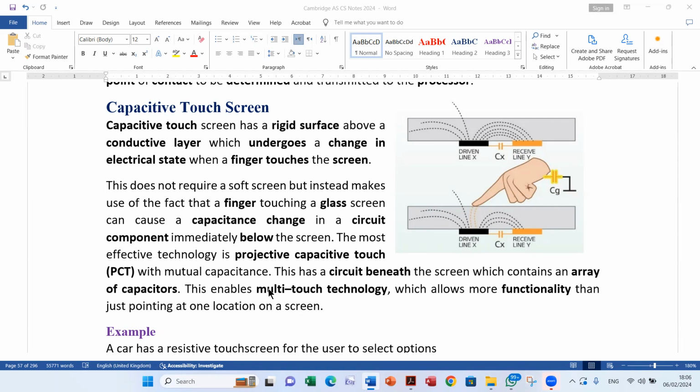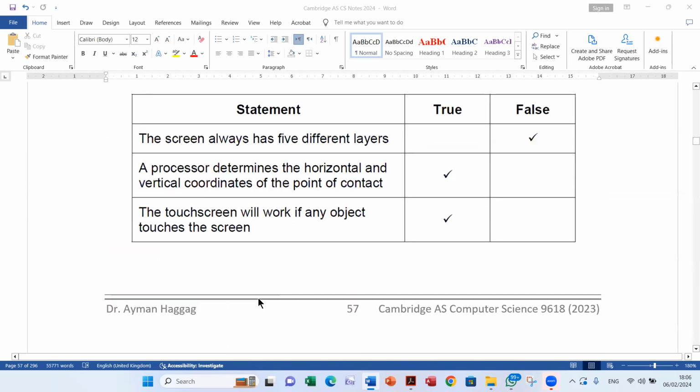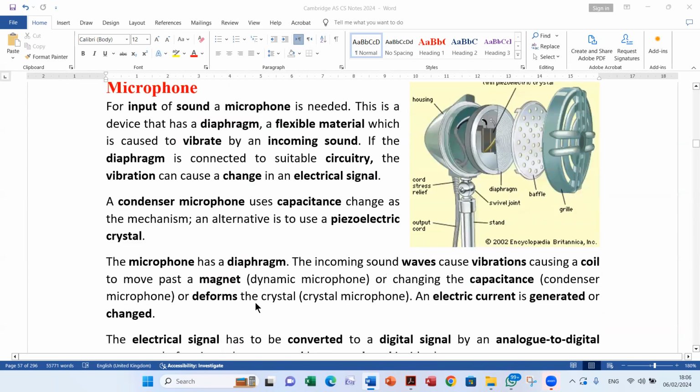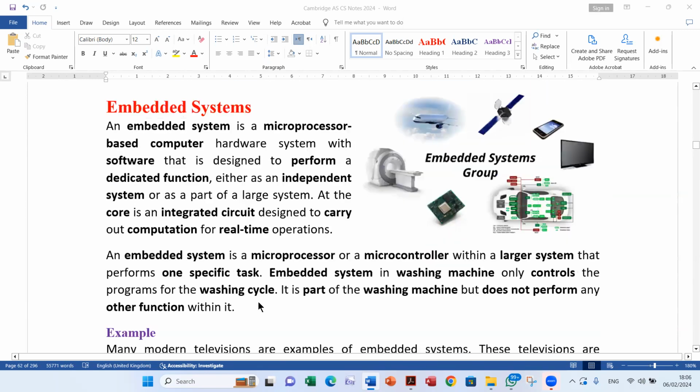Okay, so you have resistive touch screen, you have capacitive touch screen, and you need a comparison between them.